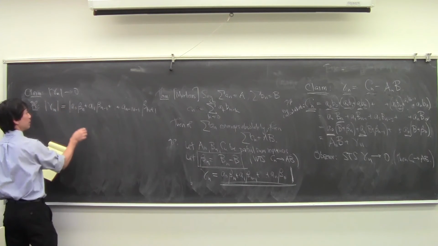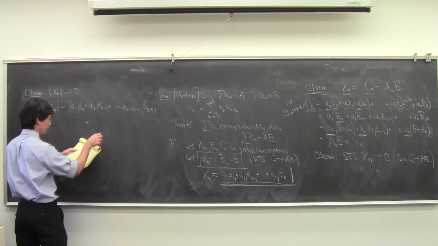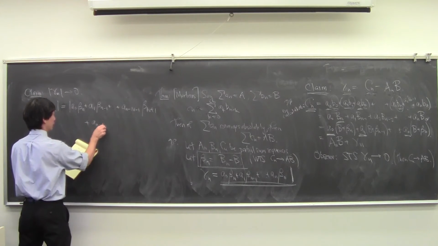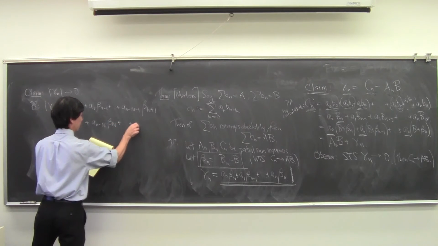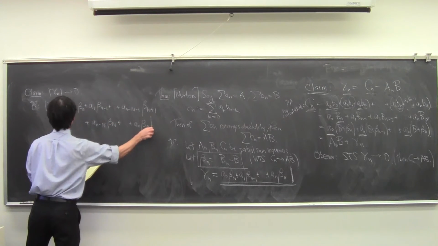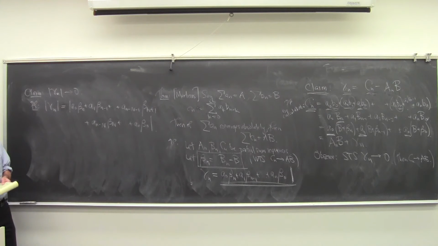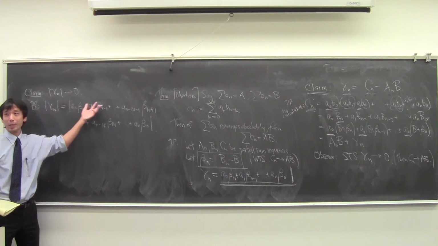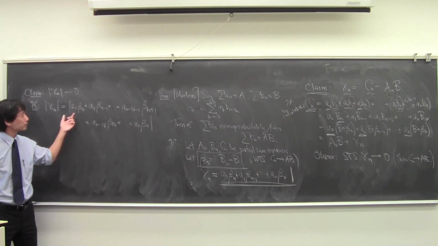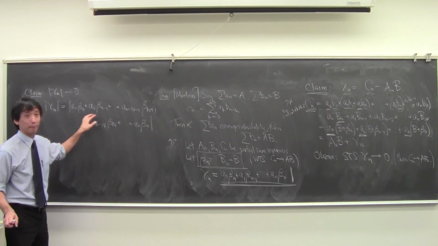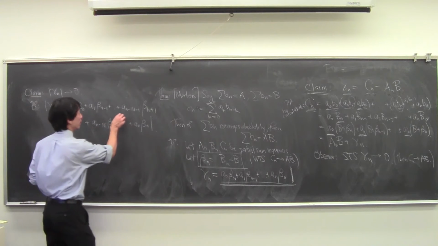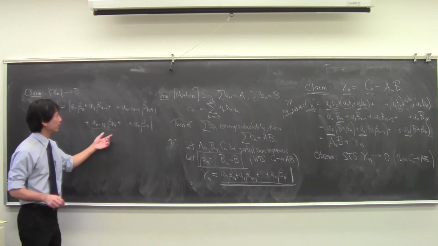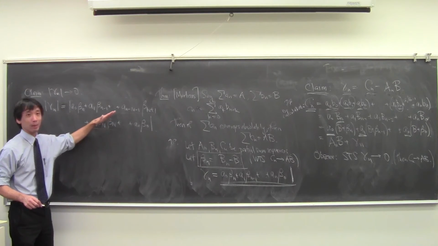I'm going to have some bad board work right now, and I hope you forgive me for it. I'm just writing gamma sub n here. I just wrote out the terms, but I'm writing out something that happens along the way.